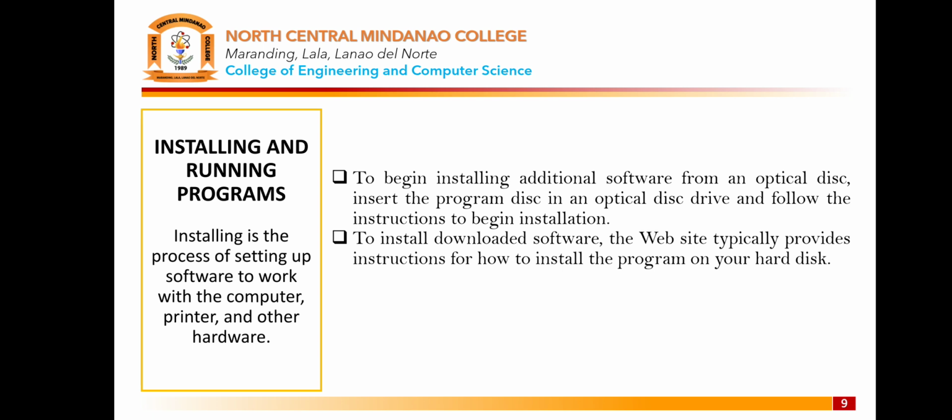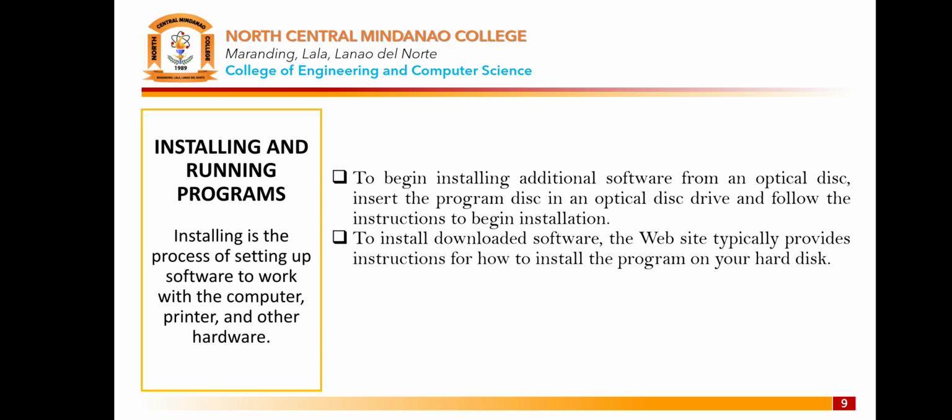And when you purchase software from any shop, it could be online or through a store that sells software. If you acquire software from a website over the internet, you may be able to download the program.